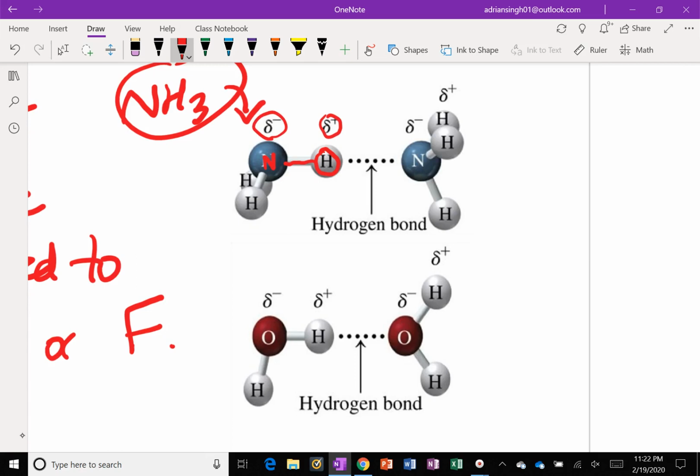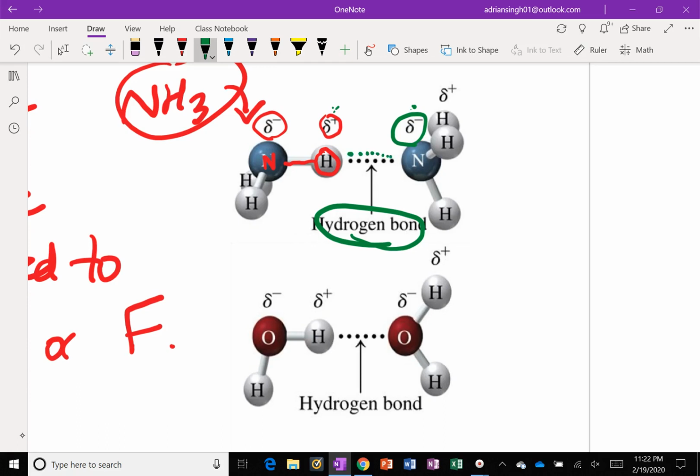So if a neighboring ammonia molecule comes close, we would predict that the slightly negative N is going to get close to the slightly positive H of the neighboring ammonia molecule. And that attraction between the negative and the positive is the hydrogen bond. Hydrogen bonds are typically denoted by using a bunch of dots.